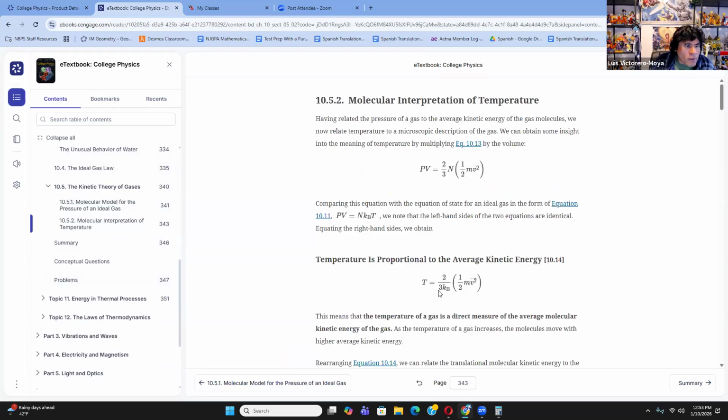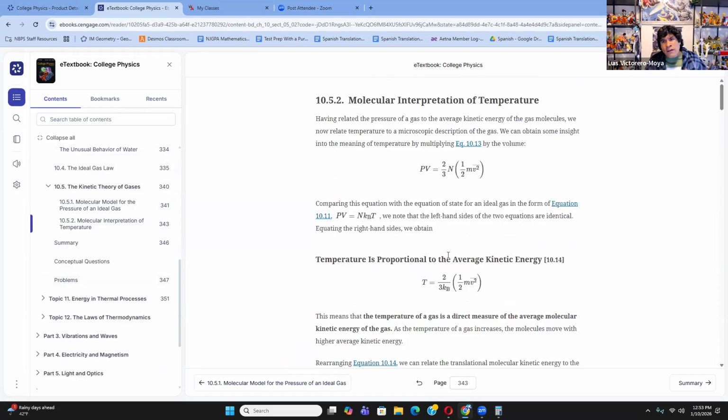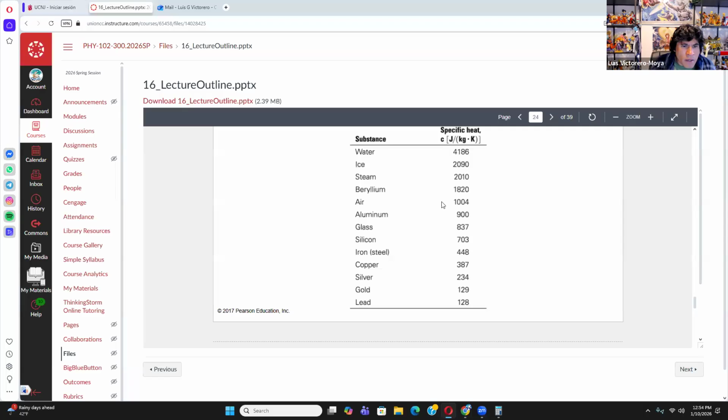I will be going over this on the next slide. There are more equations where we'll find the energy of gases, the density of a gas, and the root mean square speed of a particle in a gas. You're going to see more of that in the problems.